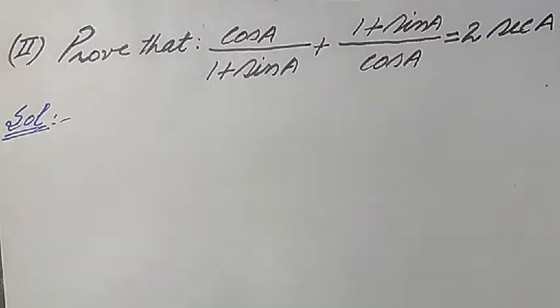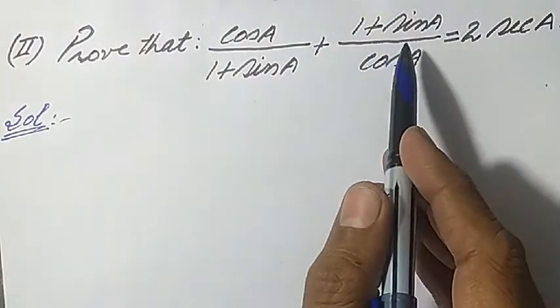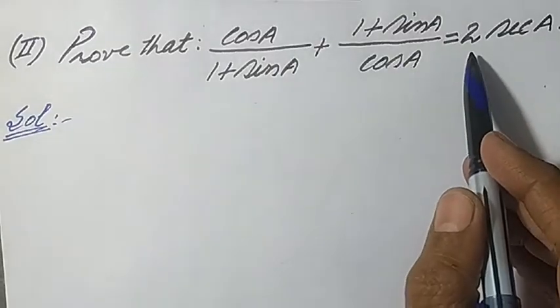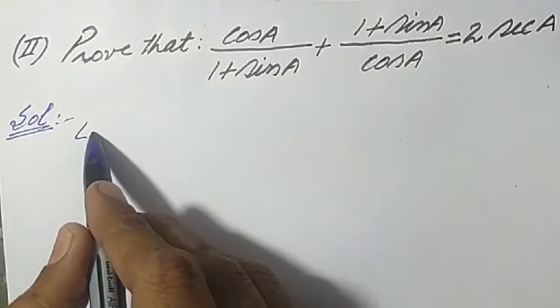Now the second sum is prove that cos A upon (1 plus sine A) plus (1 plus sine A) upon cos A is equal to 2 sec A. So let's do it. Let us take left hand side.